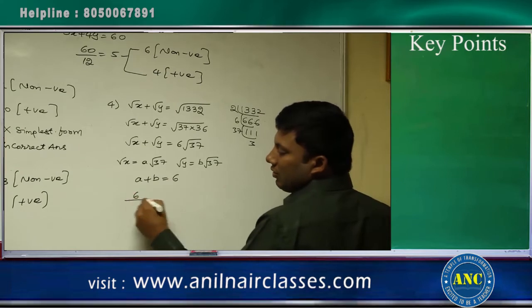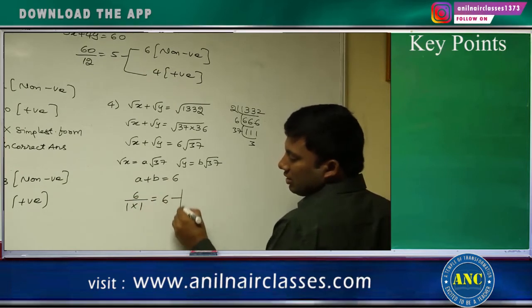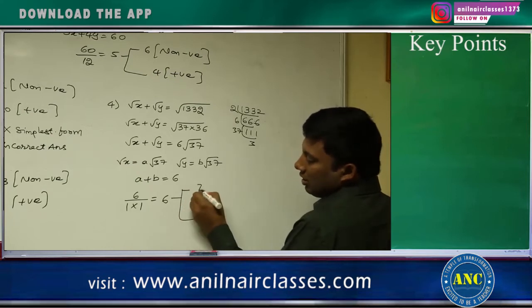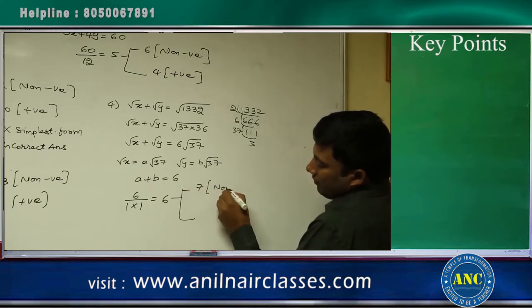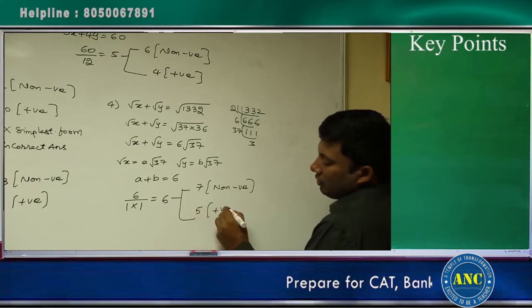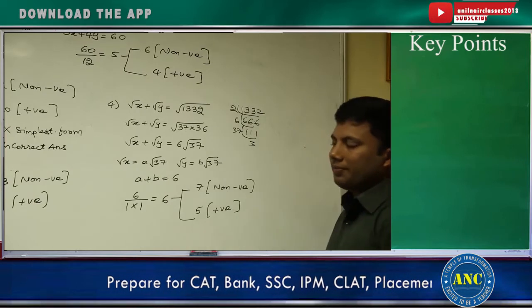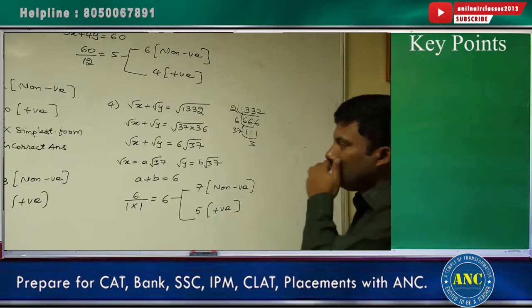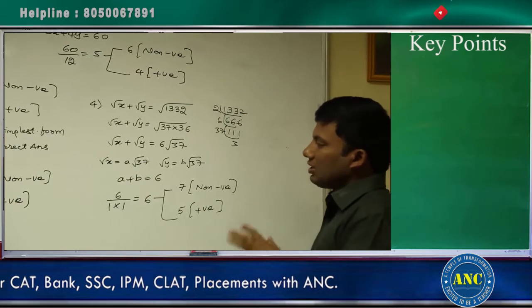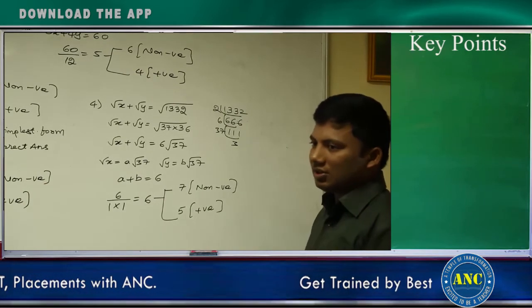A plus b equivalent to 6 is 6 by 1 into 1, that is 6. 6 gaps are there. What will be the answer? 7 non-negative and 5 will be positive. Clear? Please make a note. Because root 37 is an irrational number, without having root 37 on the left hand side, you will not get root 37 on the right hand side.